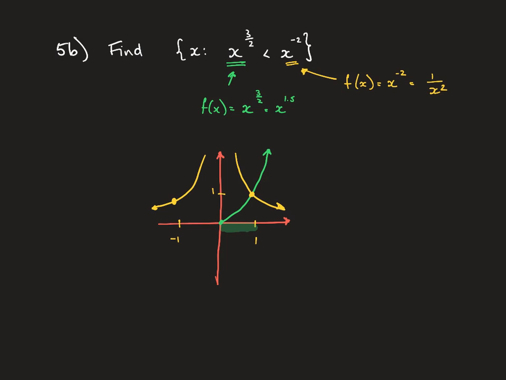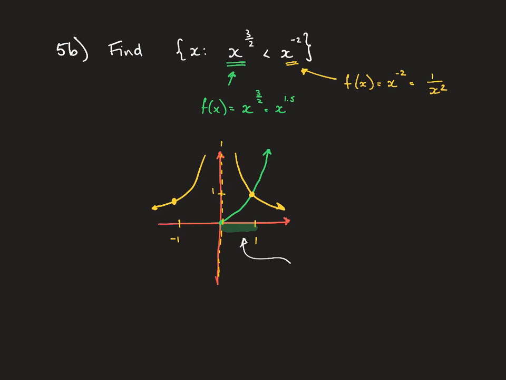And so that section there is the area that we want. Now we can't include 0 for this because there is an asymptote for the hyperbola, so the hyperbola doesn't exist. So we can't actually compare the two graphs at x is equal to 0.